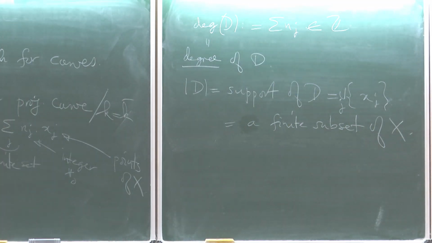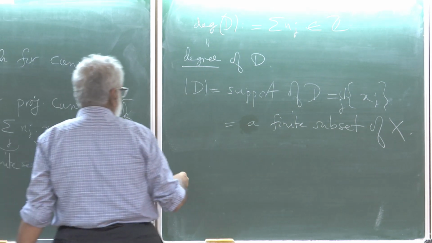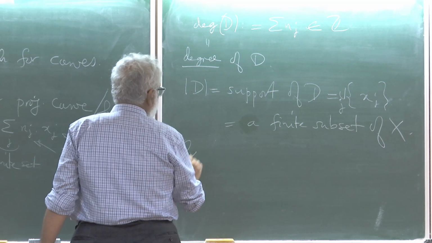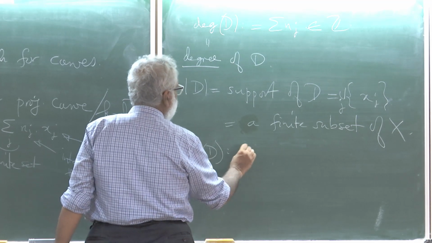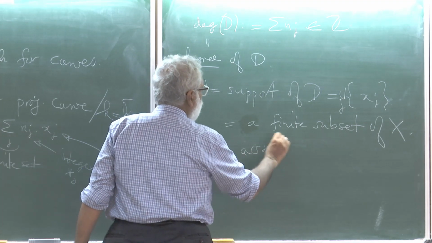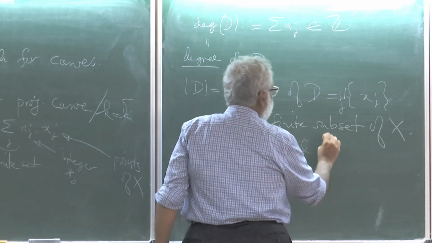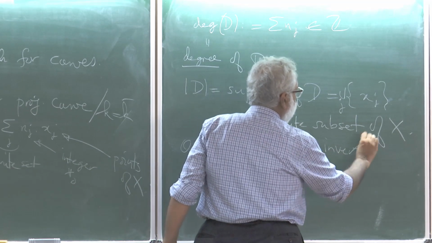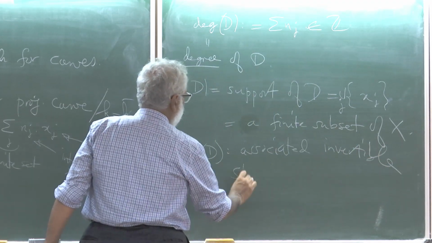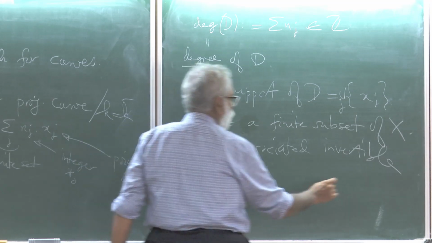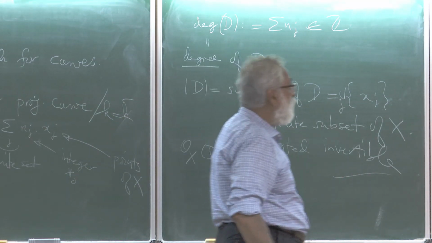So if I have this divisor, I have these things associated to it. I have something else more sophisticated: O_X(D), the associated invertible sheaf. So how do I give this sheaf?